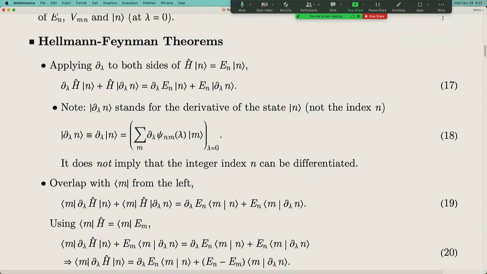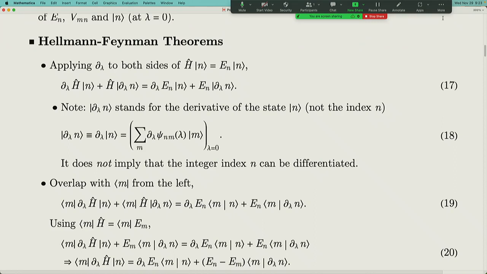Here is an explanation that the derivative of the state is basically the derivative applied to the state superposition coefficients. We are assuming that the set of basis states in the Hilbert space never changes, and what is changing with respect to lambda is actually the superposition coefficient.